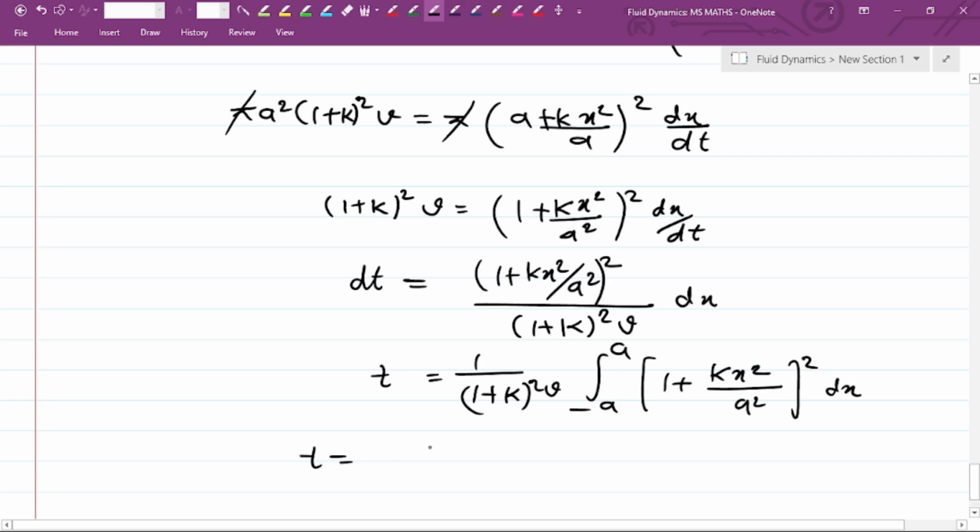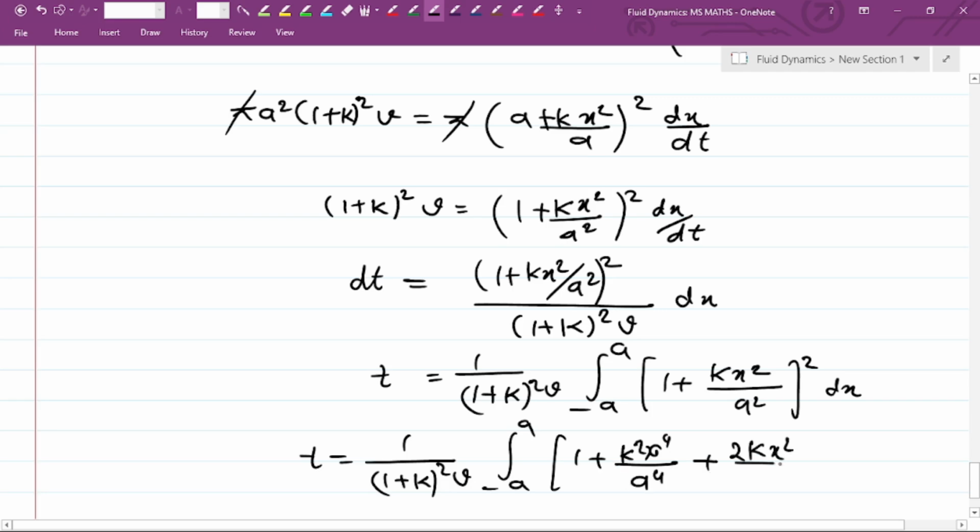So t equals 1 upon 1 plus k whole square into v. For doing the integration, we can write it as 1 plus k square x power 4 upon a power 4 plus 2k x square upon a square, dx.